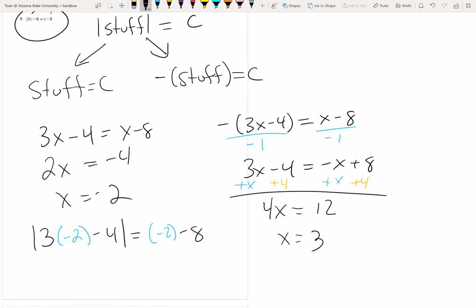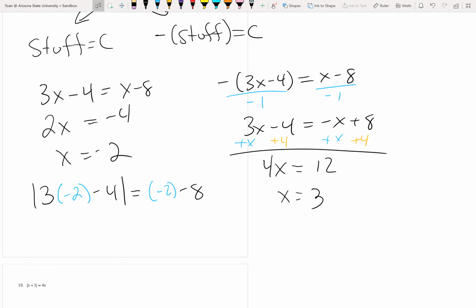And then you just go ahead and do the math. So 3 times -2 minus 4 is -6 minus 4, which is absolute value of -10 equals -10. And I know that the left-hand side will give me a positive 10, and of course, the absolute value does not equal a negative. So this is wrong. So we have to throw away this answer.